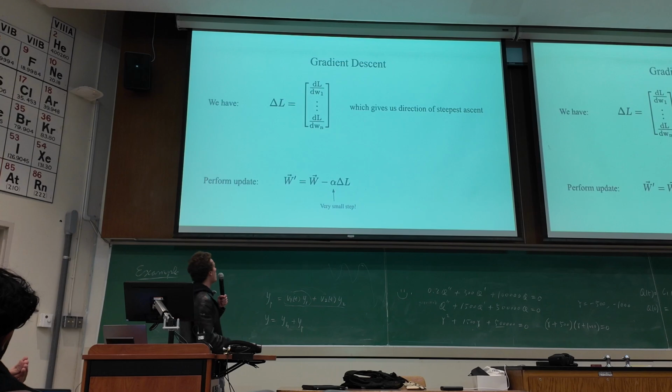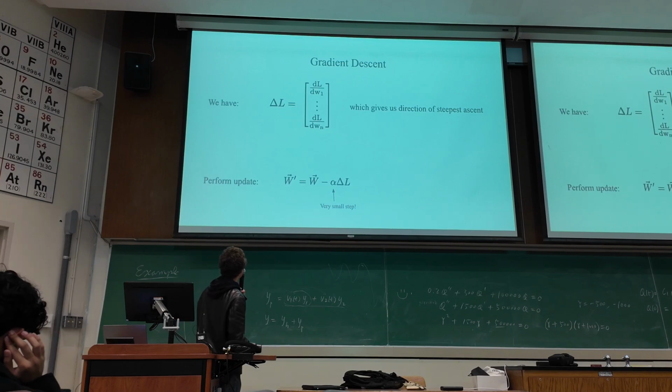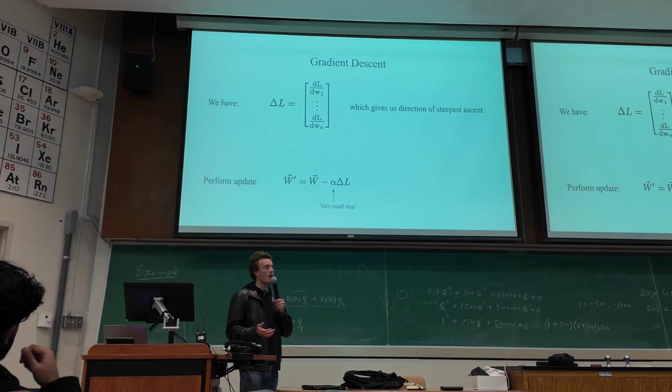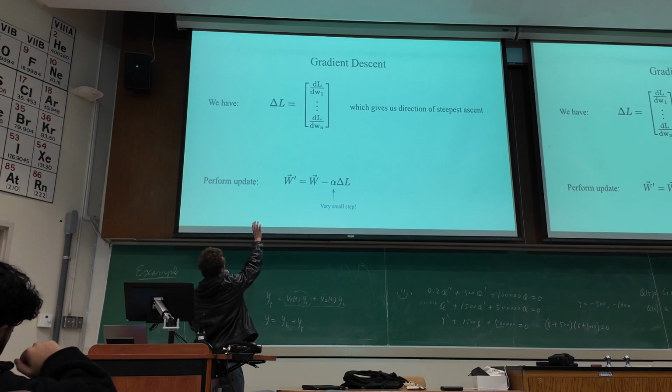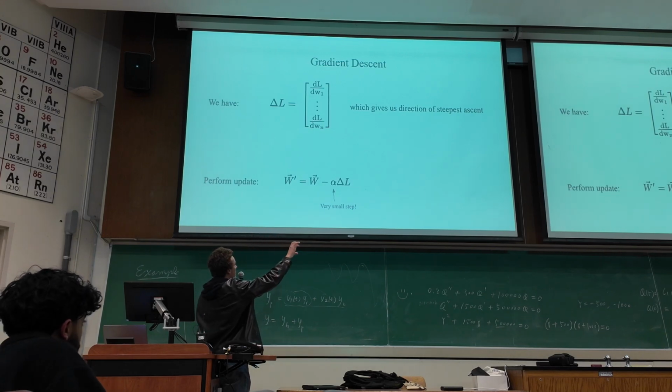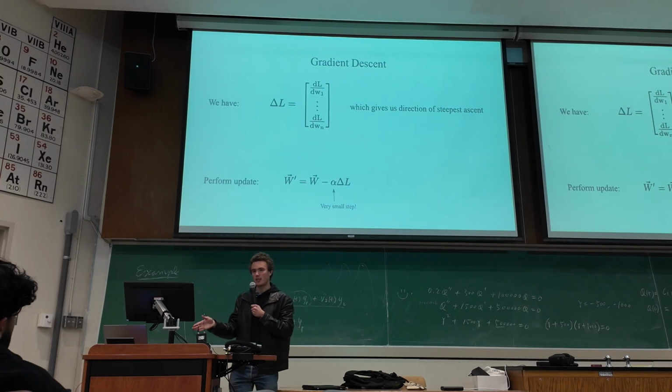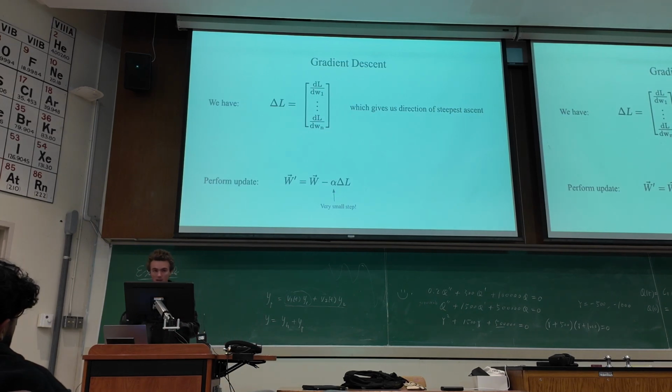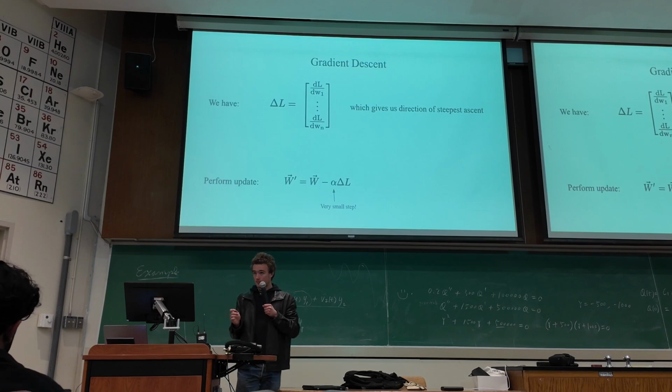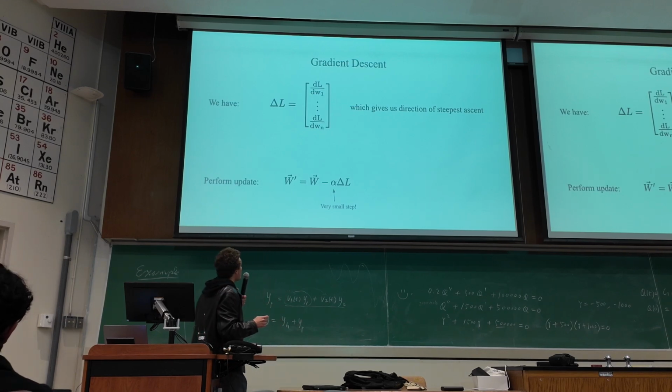Okay, so this is what our update looks like. W prime is our new weights, and we want to take all of our current weights and subtract the gradient, which will essentially move us in the negative direction. The thing is, this can be a very noisy update. What do I mean by that?